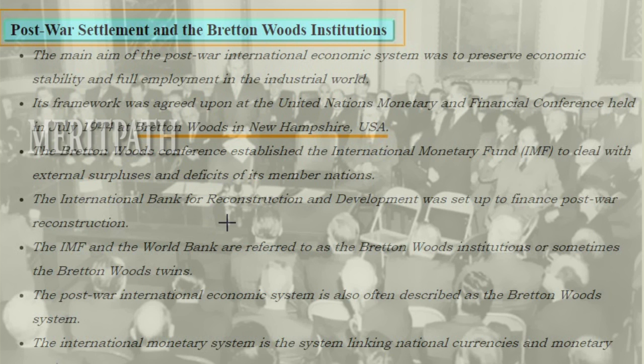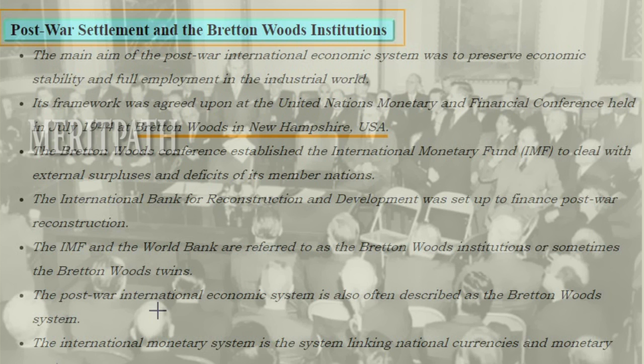The Bretton Woods Conference established the International Monetary Fund to deal with external surpluses and deficits of its member nations. The International Bank for Reconstruction and Development was set up to finance post-war reconstruction.